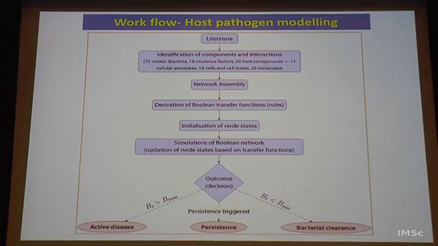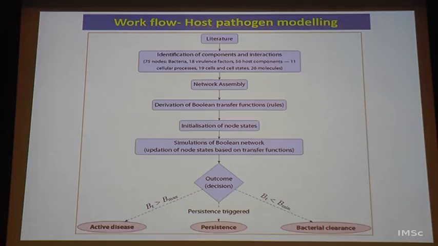So, the way it was constructed was again extensive reading of literature to see what is known. That is, identification of components, which are the molecules that are linked in some sense to host pathogen interactions, both from the host side and the pathogen side. This particular model was actually done by my former student Karthik Raman, who is now a faculty member at IIT Chennai here. Later on, other people have worked on extending this.